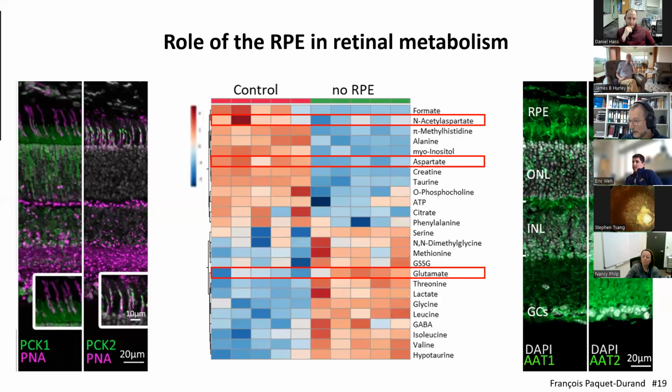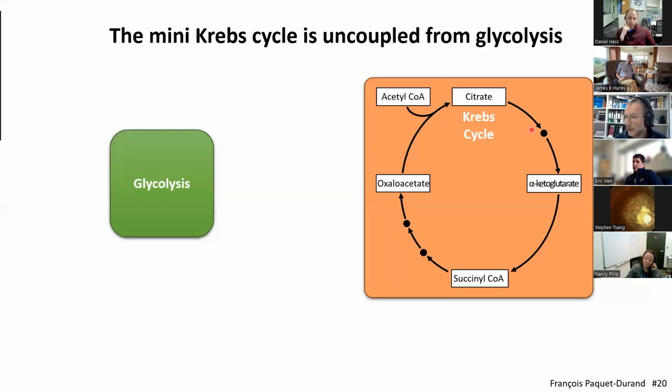And then we have another interesting metabolite here, which is N-acetyl aspartate, which is very interesting, and I will come to that on the next slide. Because of this, we're proposing that the retina is not really using the full Krebs cycle, but that it may be using an abbreviated mini-Krebs cycle that was described for the first time in the early 1990s.